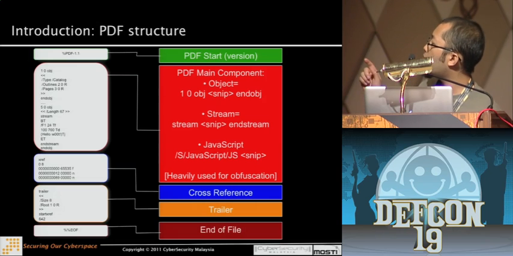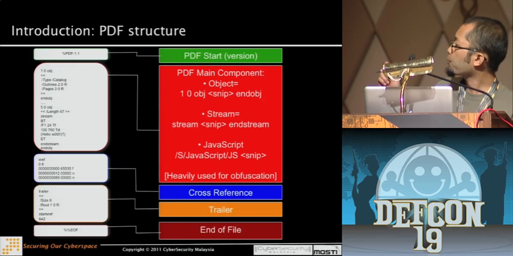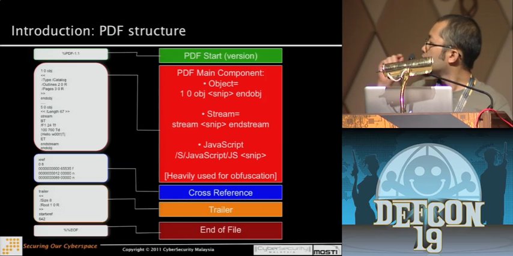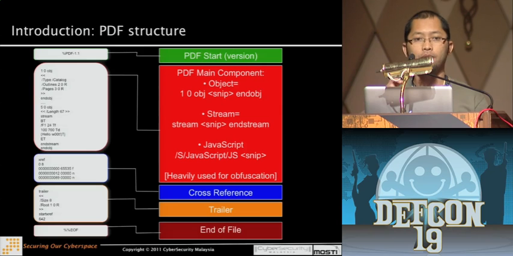For example, you can have some weird content, like a percent sign, or ABC, or whatever you want, and then you put %PDF-1.1. It can still be considered a legitimate PDF version.